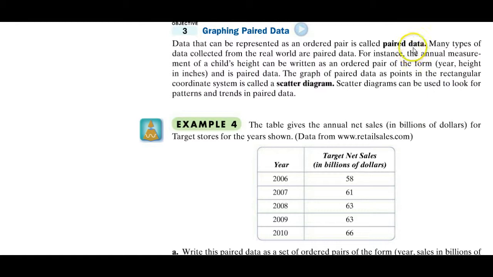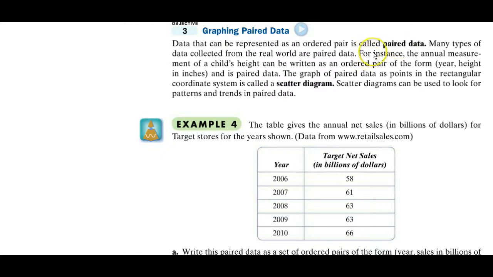Now, often in our real world, when we hear about things, it comes in pairs. That in a certain year you had this much, or a ticket sale cost this much at a certain time.